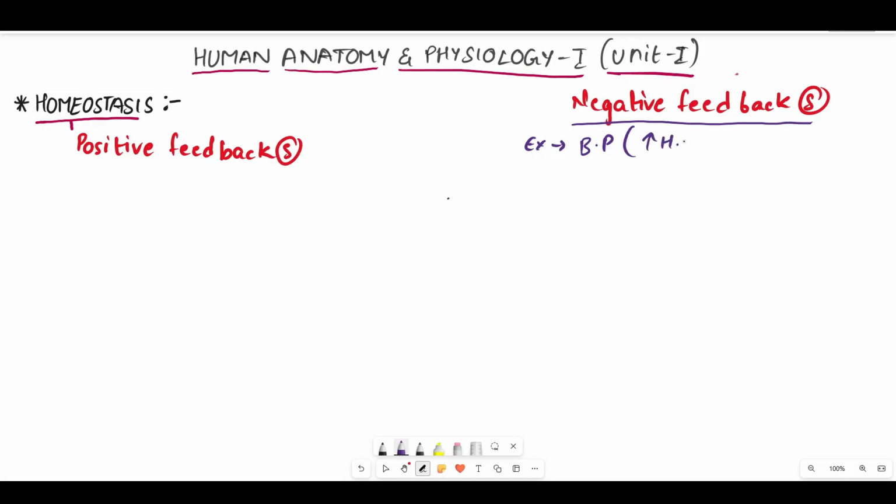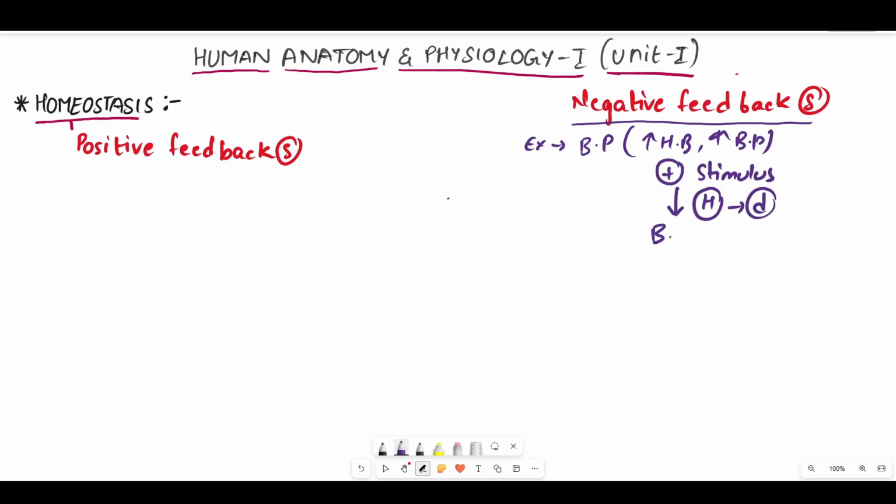Because of more heartbeat, there is high BP for that person. BP has increased. What happens in that condition? So initially we will be getting one stimulus. That is telling that the homeostasis has been disturbed, or it is disrupted.